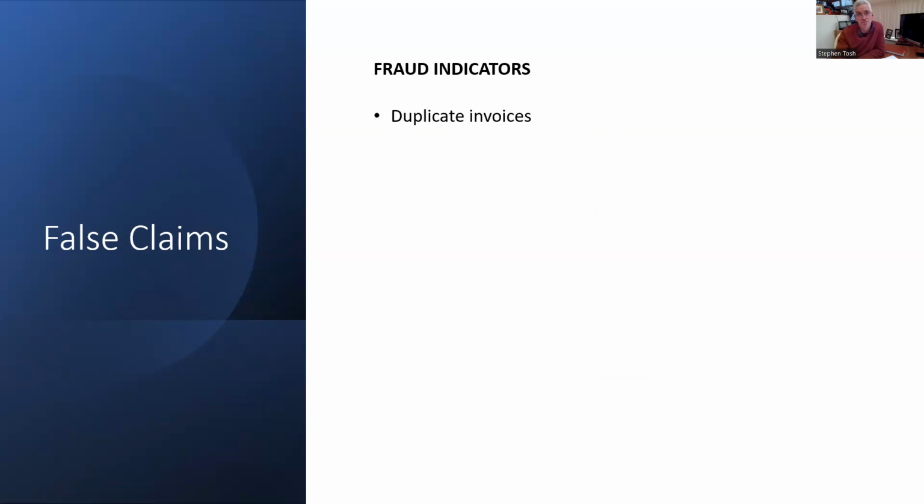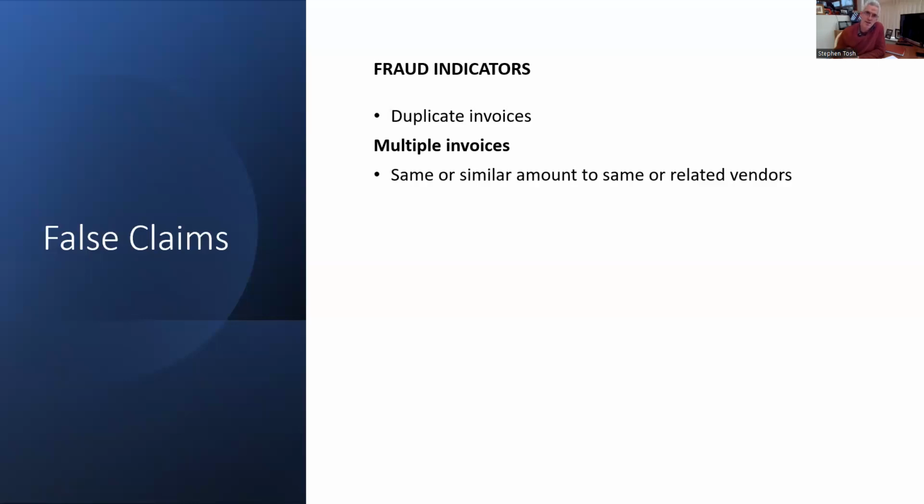Again, duplicate invoices. Is it deliberate, or is it a mistake? Is this a common theme of committing the fraud? Same or similar amounts. Again, is there a fraud there? But also, particularly when we're looking at an insider threat, where you have a tender threshold of, say, $20,000 or $30,000, do you see multiple invoices just below that threshold?